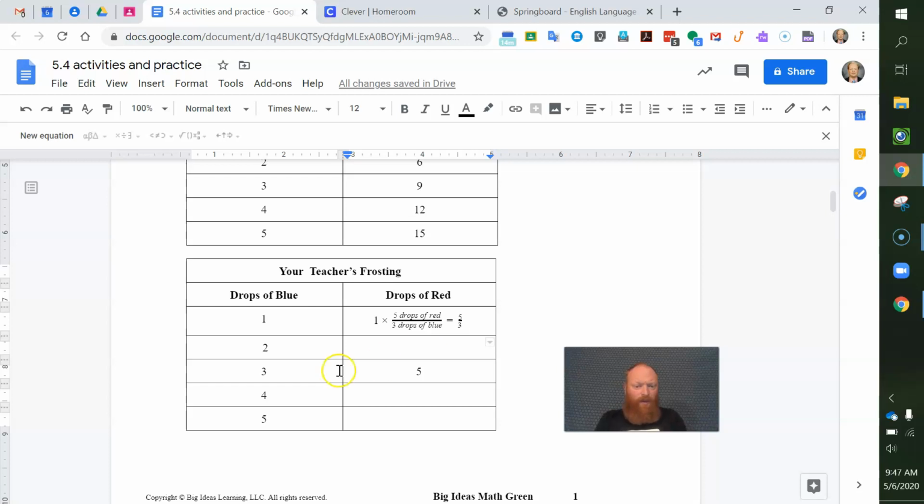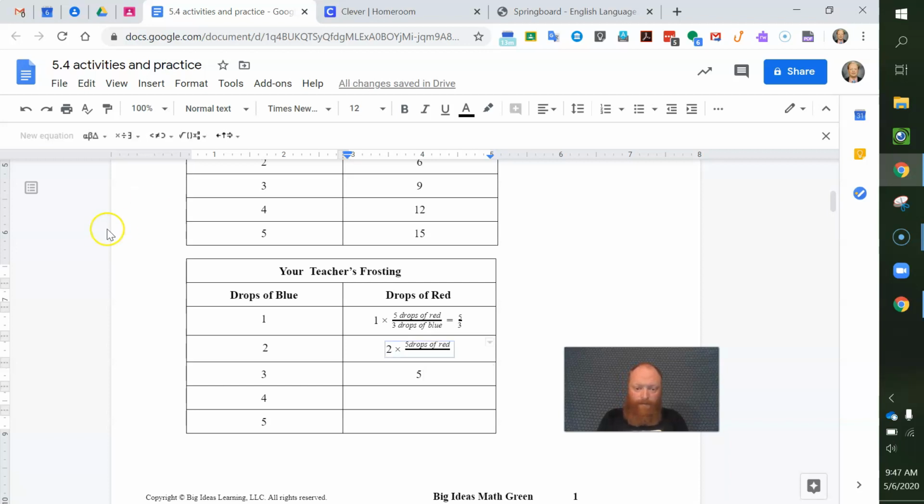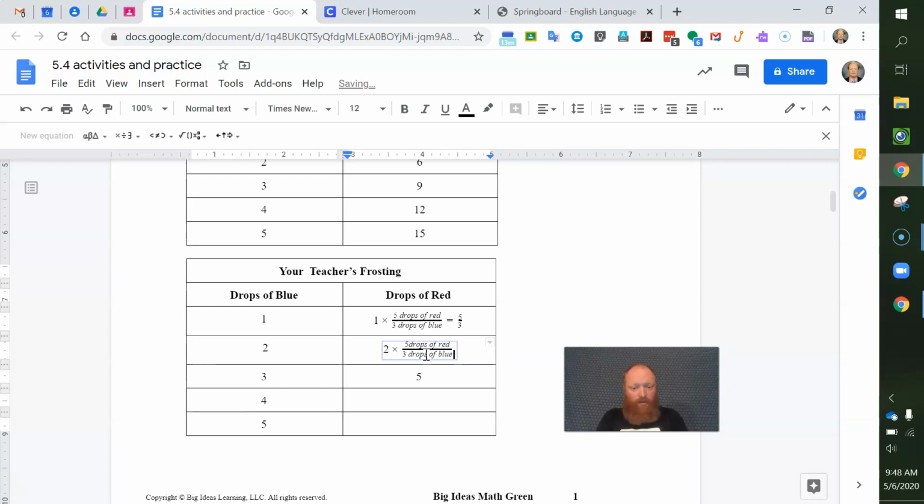Now, if we have 2 drops of blue, new equation: 2 times the fraction 5 drops of red over 3 drops of blue.